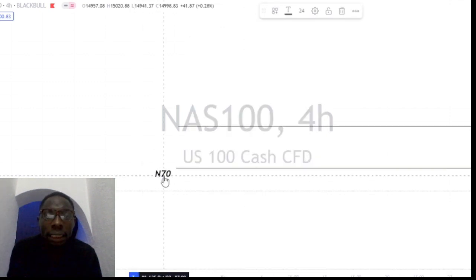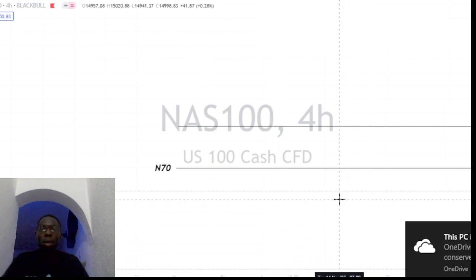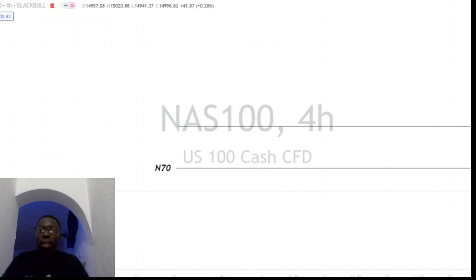Then immediately, what happened? Price opened at this level, but before price did anything, price still dropped a little bit to 60.